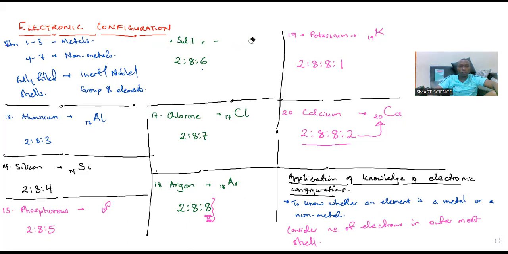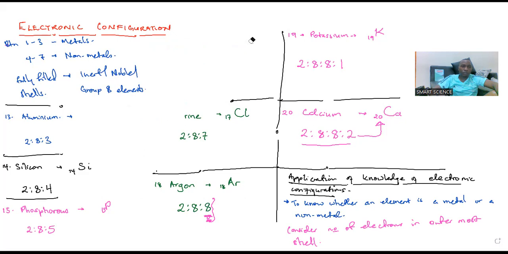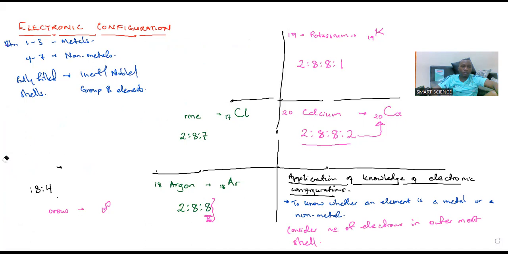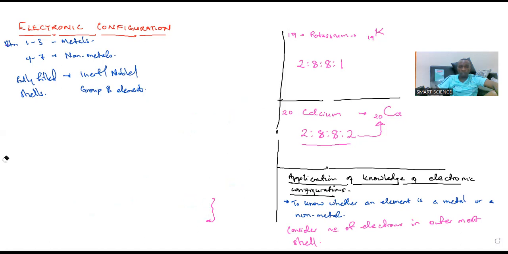If I try to use this knowledge to identify the elements which are going to be called metals, I think we can come up with those elements using the electronic configurations. Number one, I'll begin with lithium, which is 3. It is 2, 1. I'll go to beryllium, which is 4, and it is 2, 2.